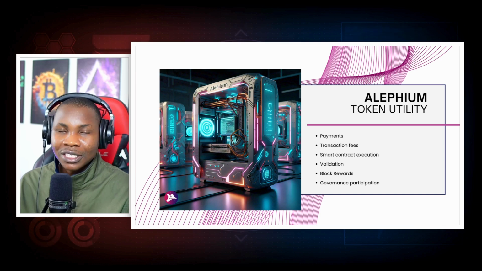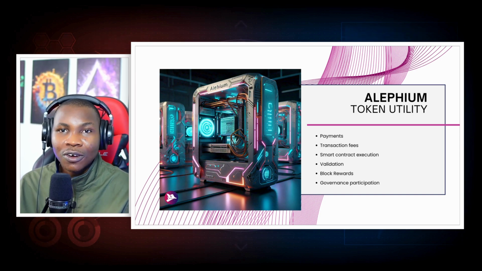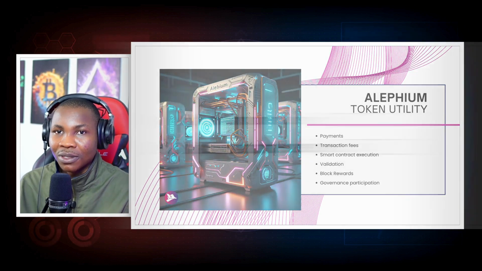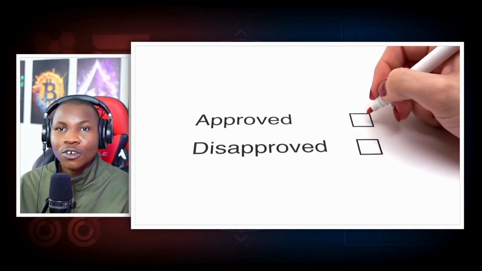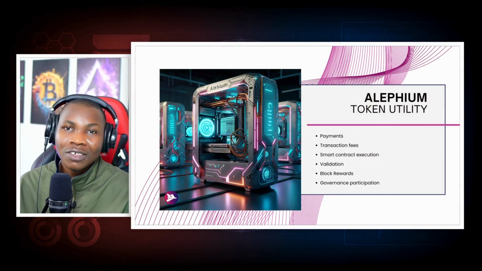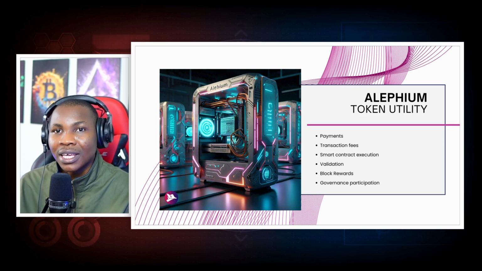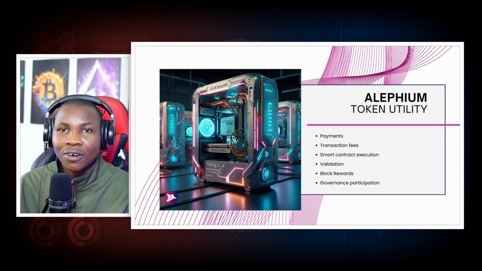Just like Ethereum has a method for governance, which could be off-chain or on-chain, Alephium does have governance participation as well that is on-chain, okay, for you to make proposals in there and have those proposals approved by others. They must have an Alephium token. They use the Alephium token to make that approval or rejection possible. Okay, so that is what the Alephium ecosystem entails in terms of its utility.